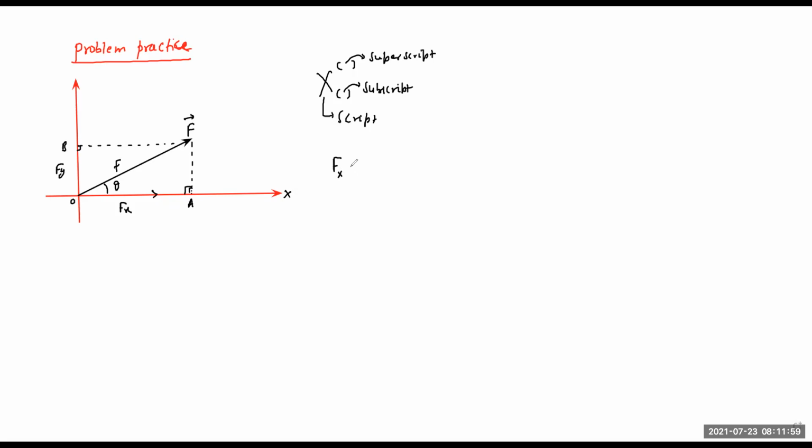So Fx refers to F cos theta, because we can easily identify it from the triangle. Fx is F cos theta. F is the length of the vector. Theta is the angle of the vector with the x-axis.